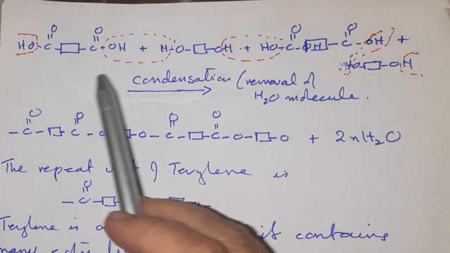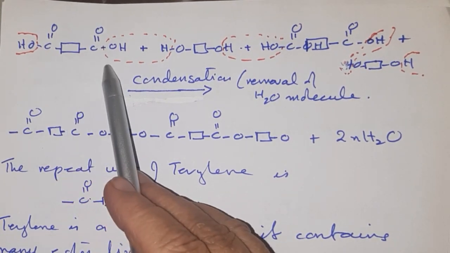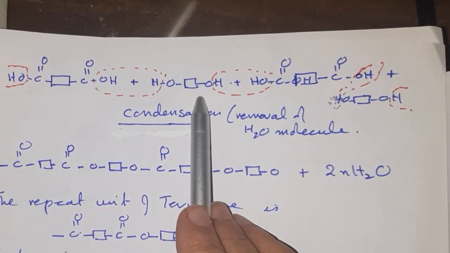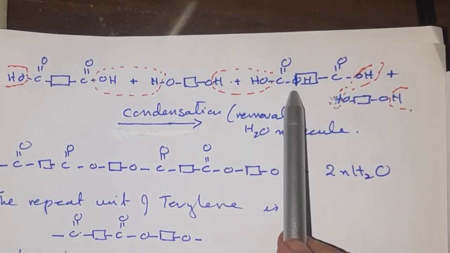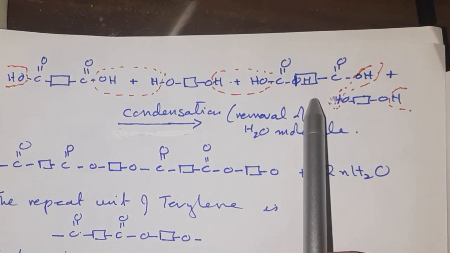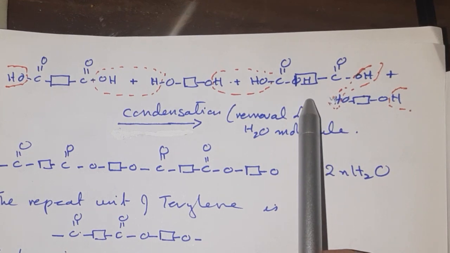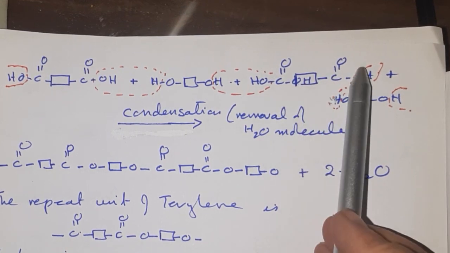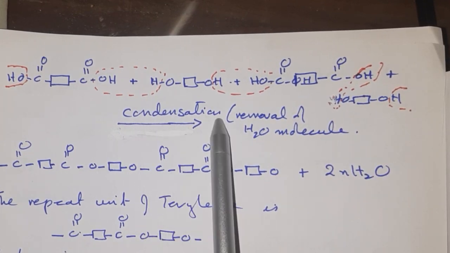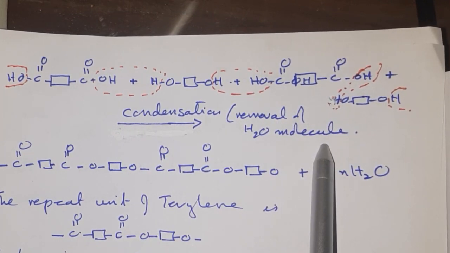So we are going to study the polymerization process. Here you can see the dicarboxylic acid, here you can see the diol, this is another diol, dicarboxylic acid and diol. Condensation, that is removal of a water molecule.